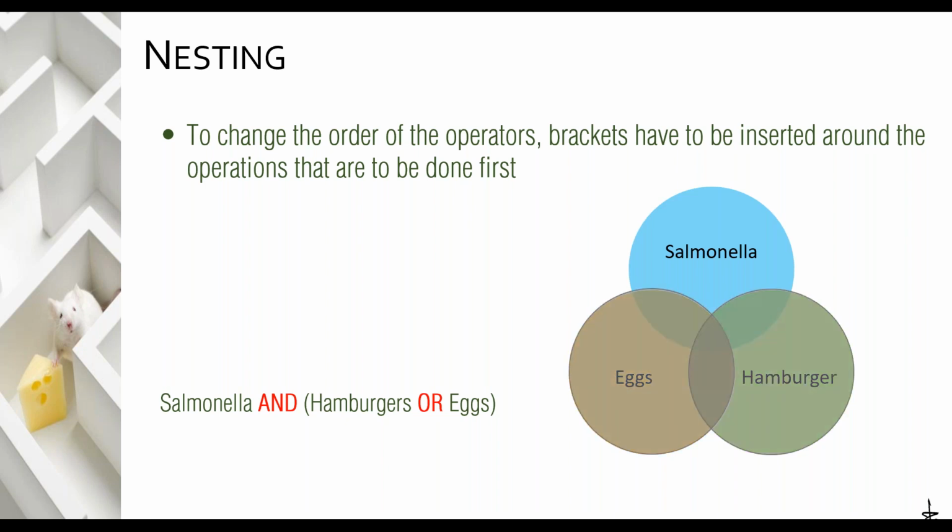So hamburgers or eggs is basically going to combine both of them, and salmonella. So you're going to get basically the intersection between salmonella and both hamburgers and eggs. So it's a different result as before. Okay, before we had eggs and the intersection between salmonella and hamburgers. Once we put in the brackets, the search engine does the brackets first.